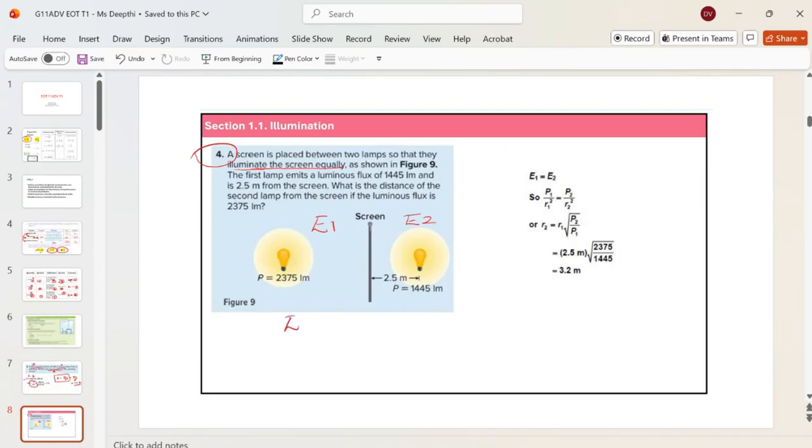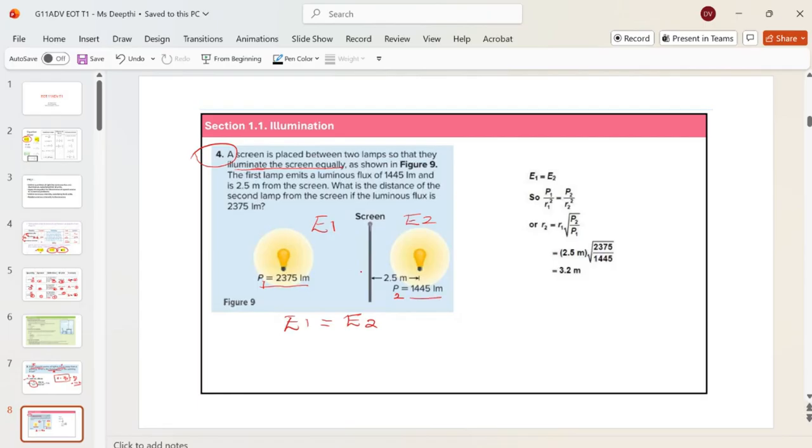So we can write that E1 equal to E2. Now we can see what is given in the question. There is one bulb, which is P, and we can write it as P1. That is the flux of the first bulb. And the second bulb, it is P2. Let's take it as P2 because they are different. There are 2 different bulbs. So P1 and P2 will be different.